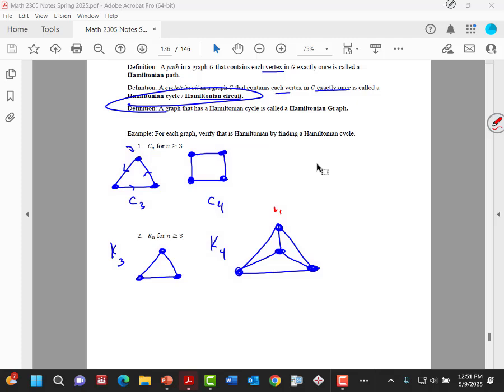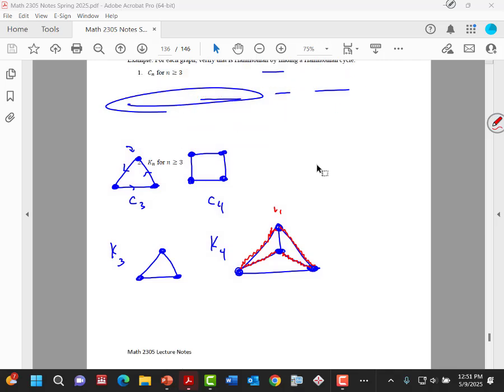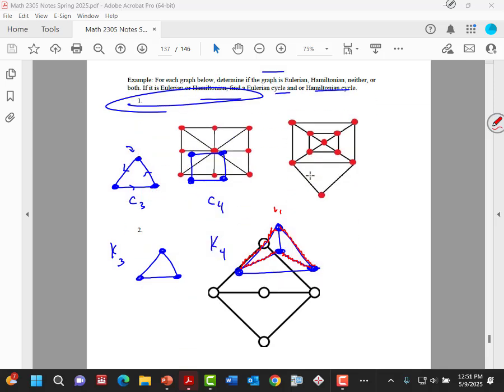I'll just call this V1, and I could go here, then here, then here, then here. And notice, I completed a circuit, and I visited each vertex once and only once. Okay. Let's do a couple more.